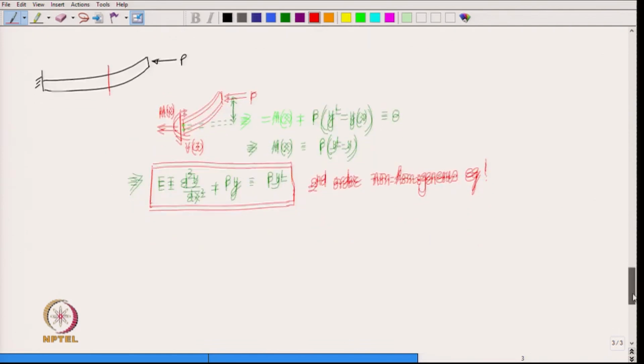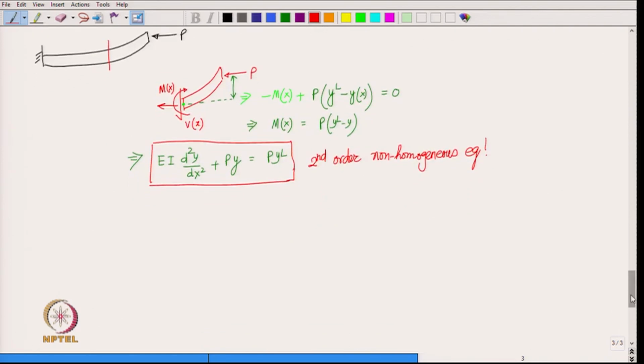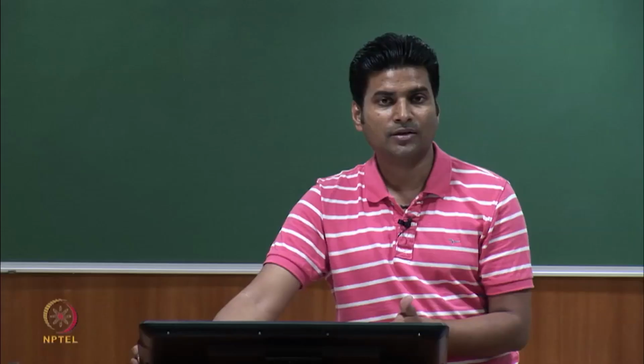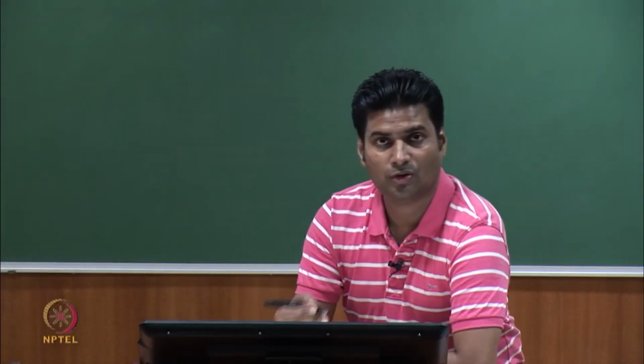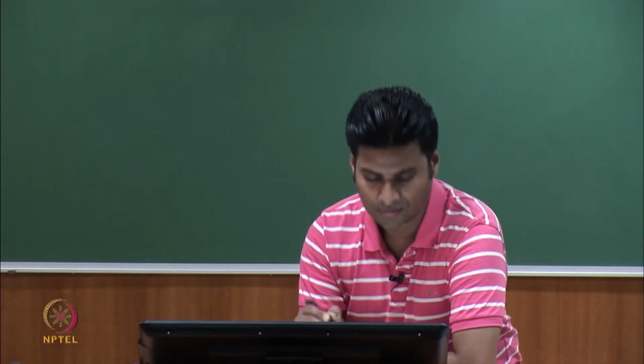So, we have to find its solution. To find the solution for a non homogeneous equation, we have to first find the complementary part and then add the particular integral, and that is how we get the general solution. So, to get the complementary part, we get the solution of the homogeneous equation first.